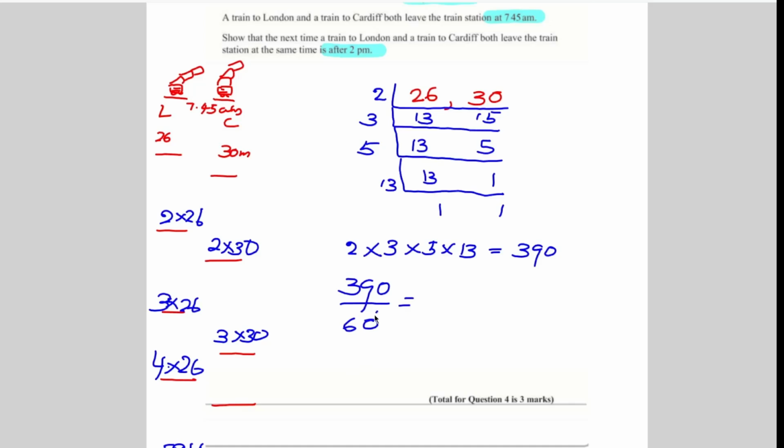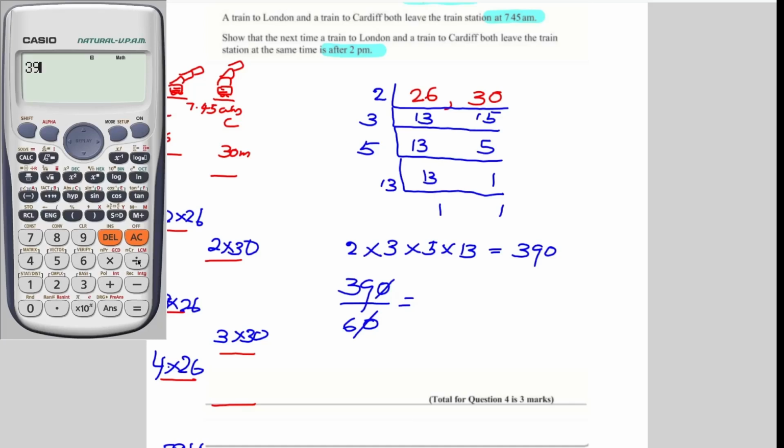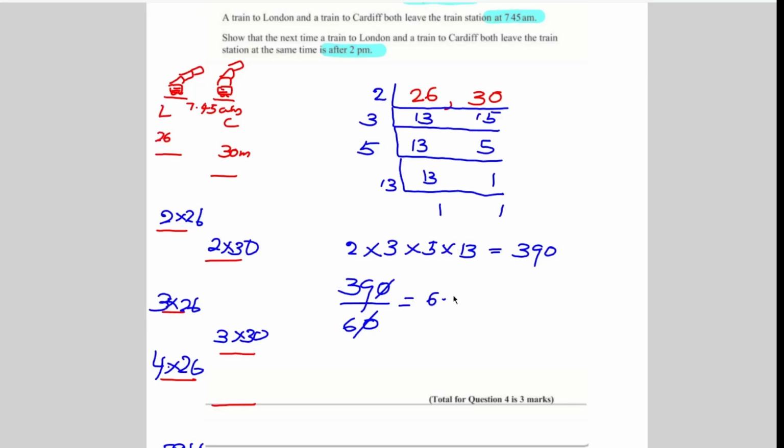Let's divide this one by 60. 39 divided by 6 is 6.5. 6.5 means 6 hours and 30 minutes. Then from 7:45 a.m. you need to go 6 hours and 30 minutes.